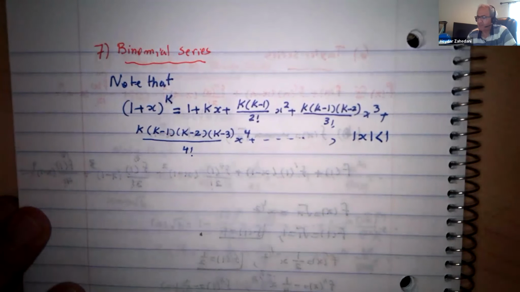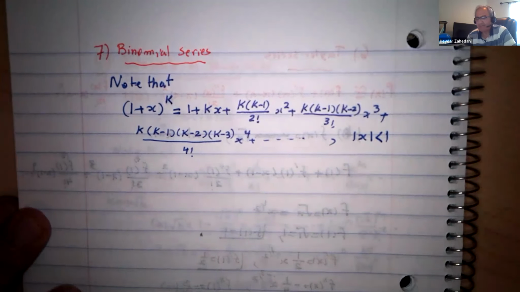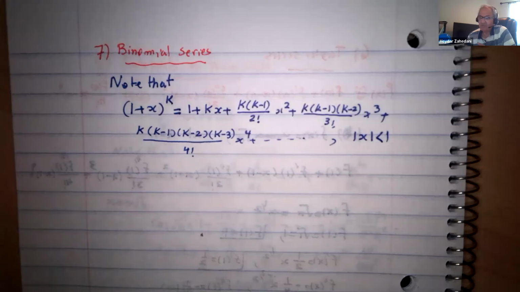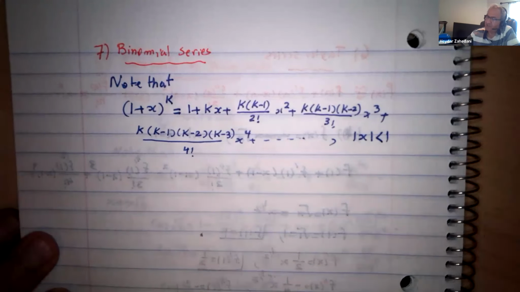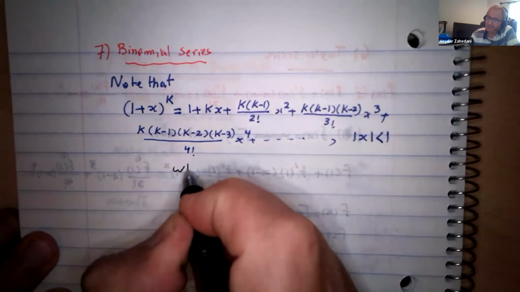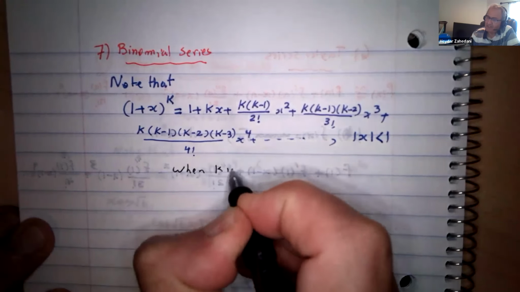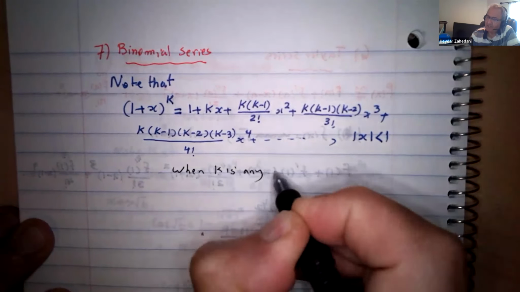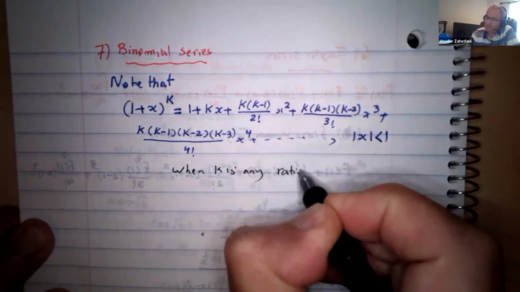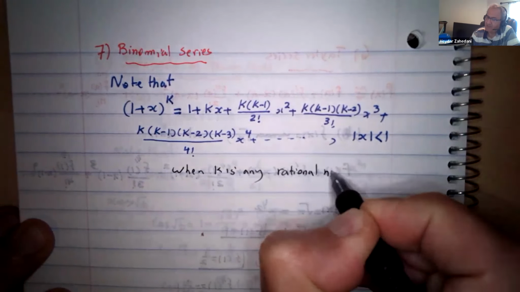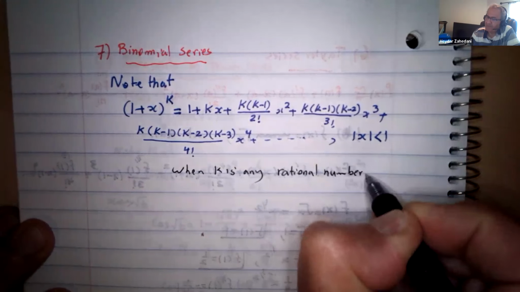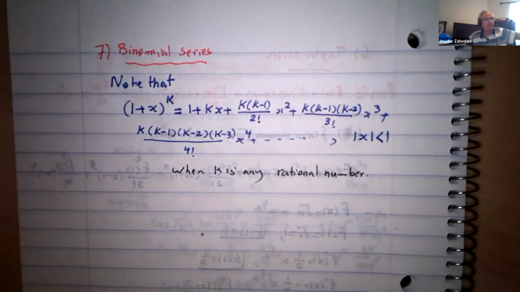So you can write it down, and can have it in different formats. This is going to be true when k is any rational number. If it's an integer like 2, 3, it's going to stop.